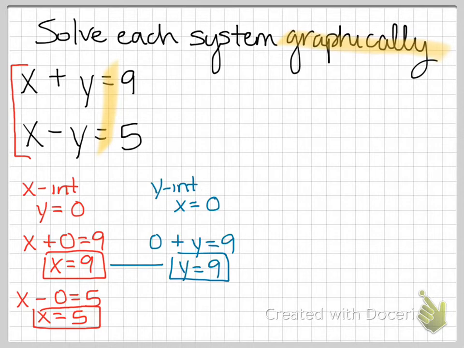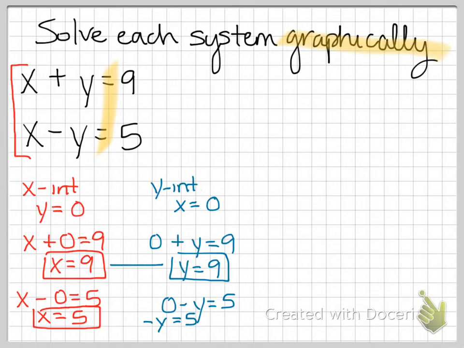All right, the second equation would be x is 0 this time. 0 minus y equals 5. Okay, we have to slow down here for just a second, because this says negative y equals 5.